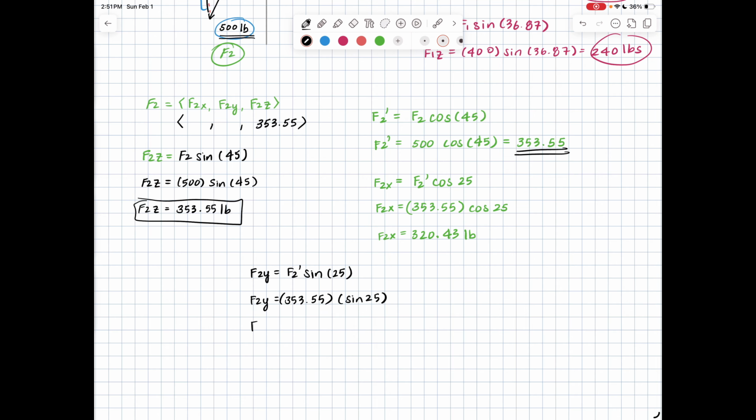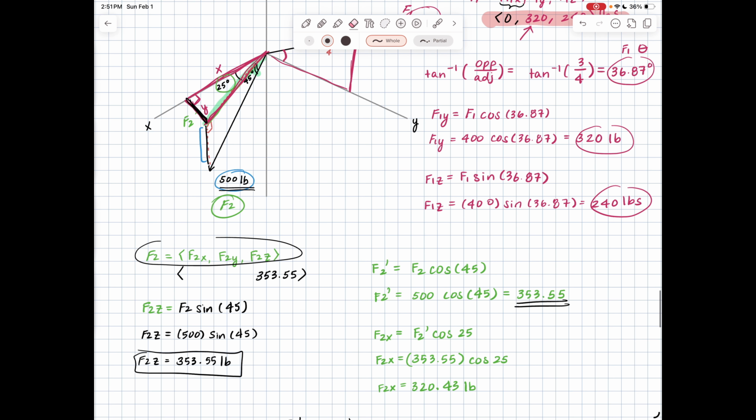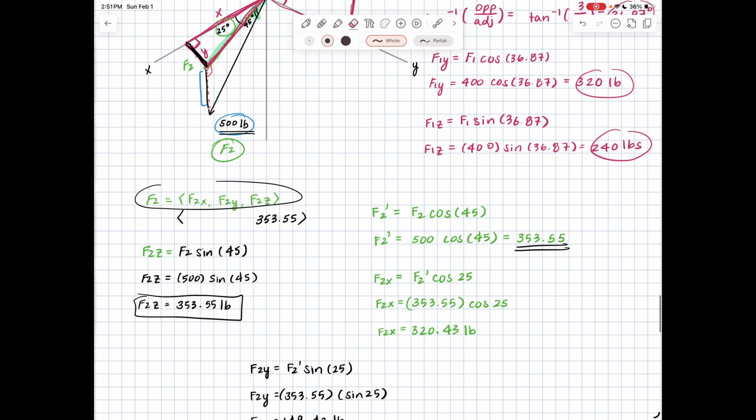And that's going to give me F2y, which equals 149.42 pounds.